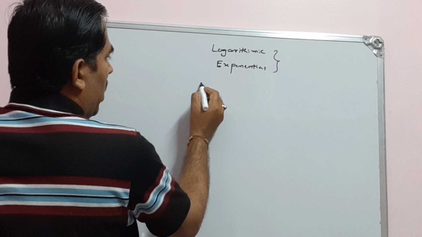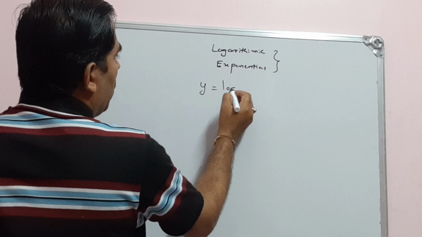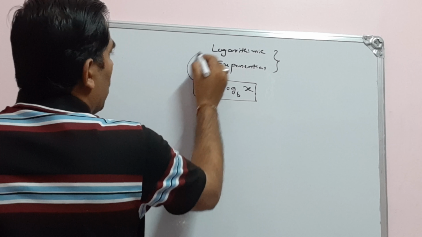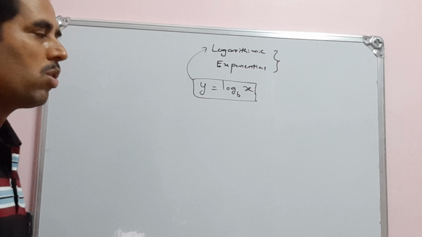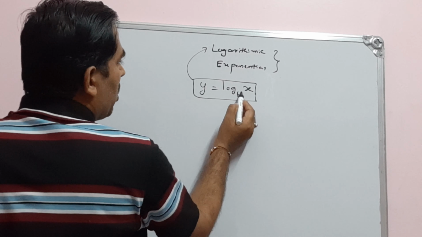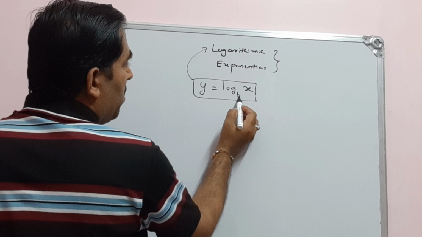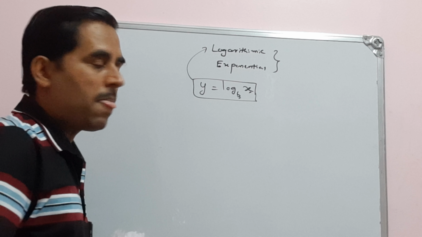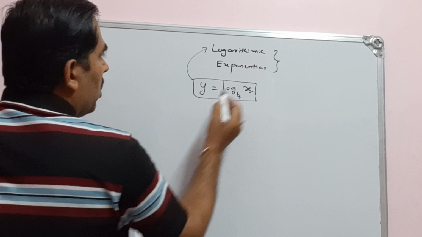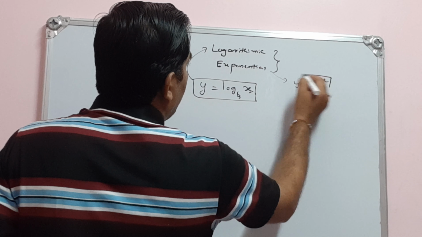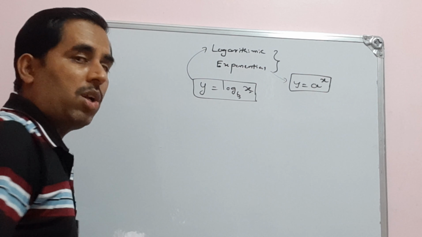Functions of the type y is equal to log x to the base b are called logarithmic functions. Of course, conditions apply here, so b and x should be positive, greater than 0. Then exponential functions are functions of the form y is equal to a to the power of x.